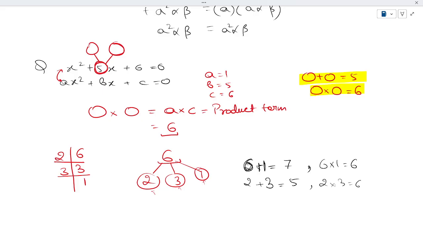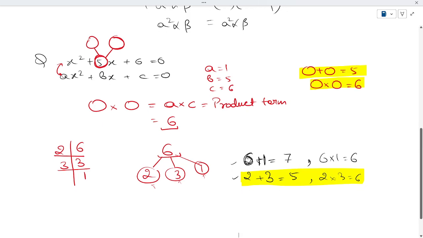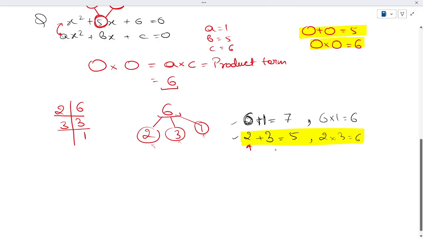So these are the two possible combinations we can have from these factors. Which is satisfying our condition? This combination is satisfying our condition. So break the middle term using these two numbers.